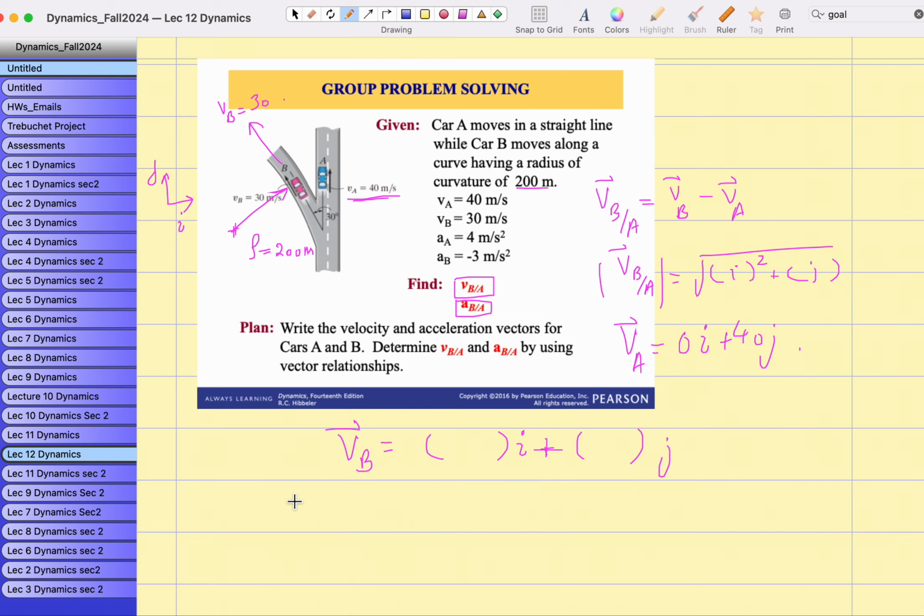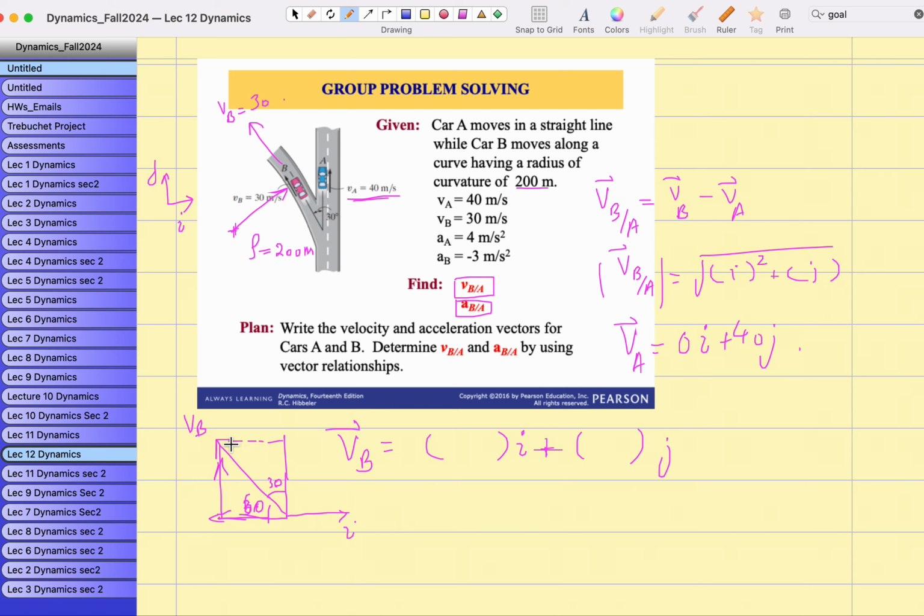So if you take a look here, if I draw VB and draw the reference axis here, this is my I unit vector, negative I. This is theta. This is 60 by the way, this is 30, 60, 30.